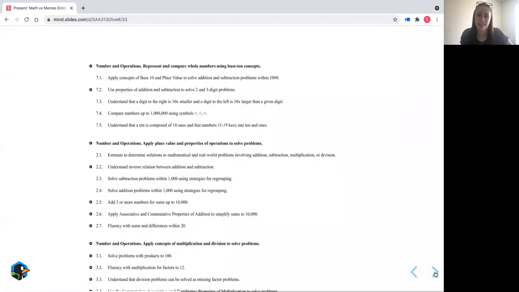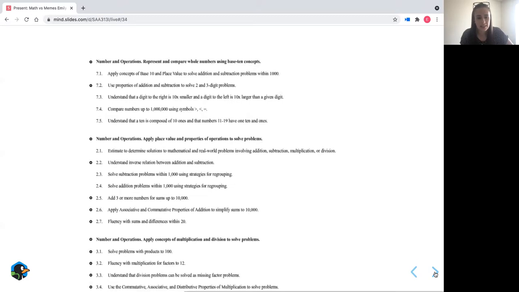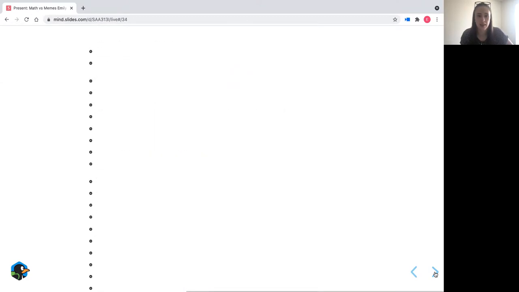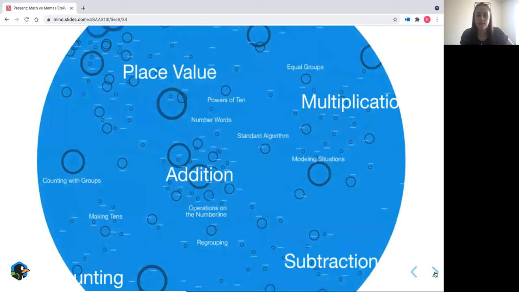When we think of math as a topic, generally it's thought of like this, a list of standards and topics. But when we're thinking about teaching students conceptually and having a deep conceptual understanding of math, what we really want is something that looks a little bit more like this.